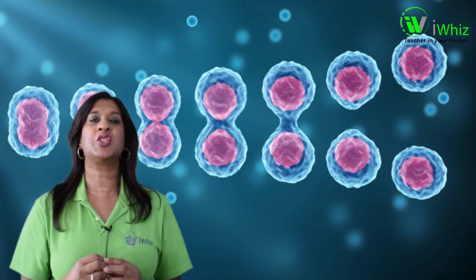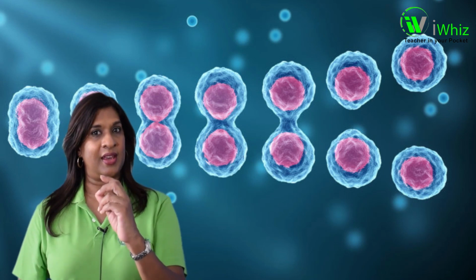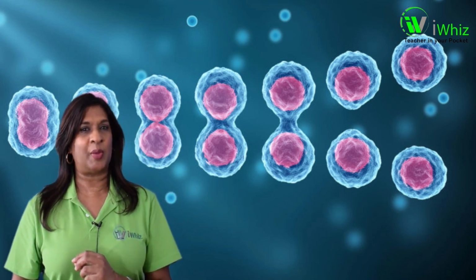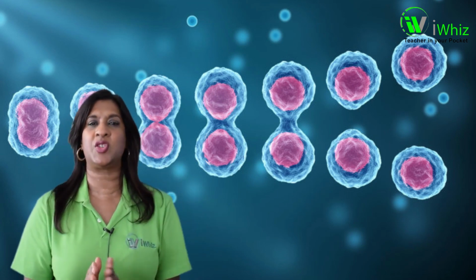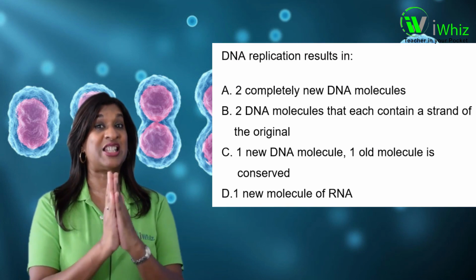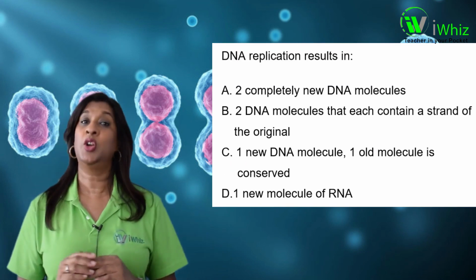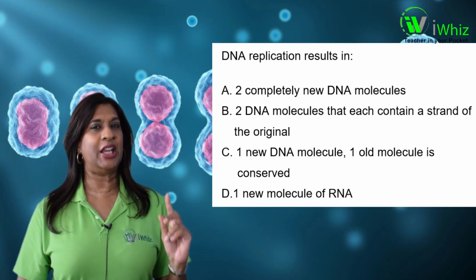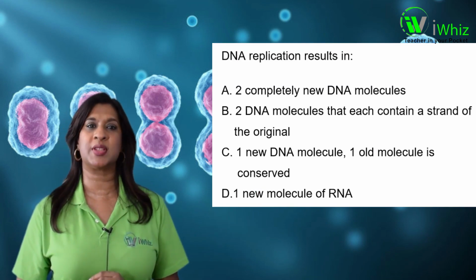So I'm going to ask you a few questions, and you must see if you can answer them, right? So I'm first going to give you a simple question. DNA replication results in, this is a multiple choice question. A, 2 completely new DNA molecules.